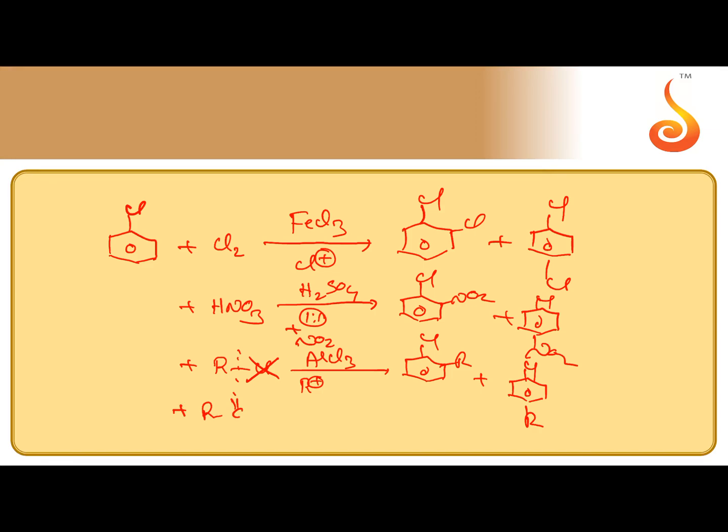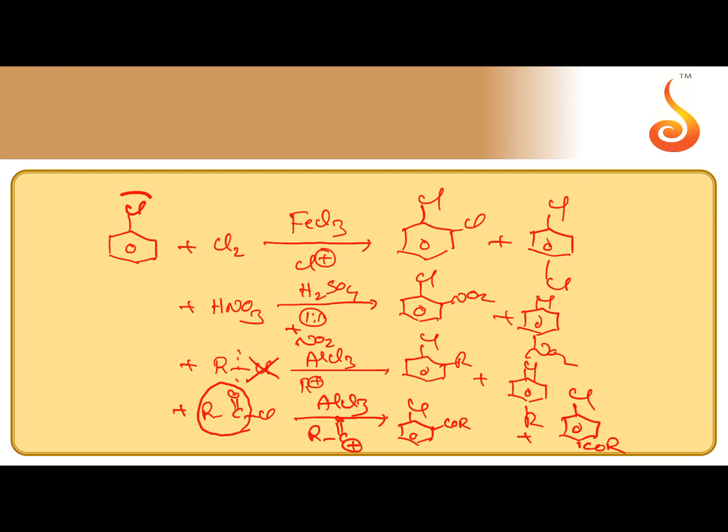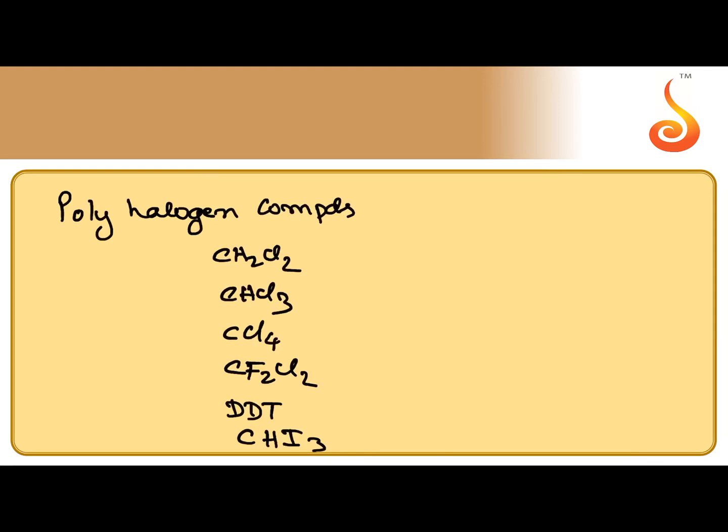Similarly, with acid halide like RCOCl in the presence of AlCl3, the acylium ion RCO plus attacks once at the ortho position and once at the para position. So these are the EAS reactions for chlorobenzene. Chlorine acts as an ortho-para directing group.